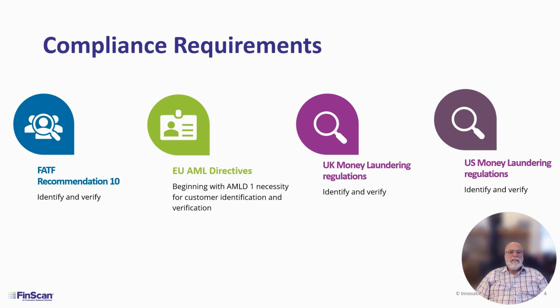Countries may permit financial institutions to complete the verification process as soon as reasonably practicable following the establishment of the relationship, where the money laundering and terrorist financing risks are effectively managed and where it's essential not to interrupt the normal conduct of business. Where the financial institution is unable to comply with the applicable requirements under the recommendation, it should be required not to open the account, commence business relations, or perform the transaction.